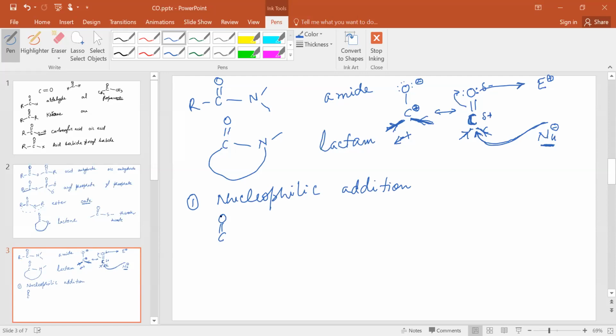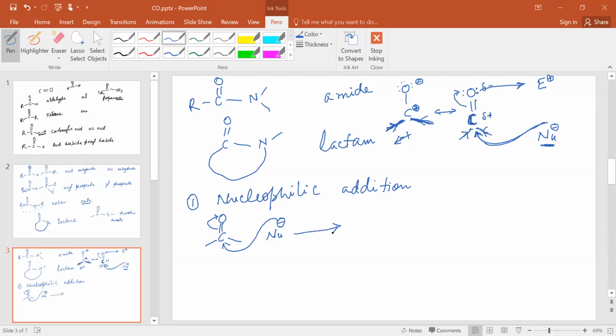If you have here the carbonyl group and there is a nucleophile, what will happen if there is a charge on the nucleophile? It will go to the carbon. Okay, the nucleophile will always go to the carbon. It cannot go on oxygen, and the pi bond will move on oxygen.